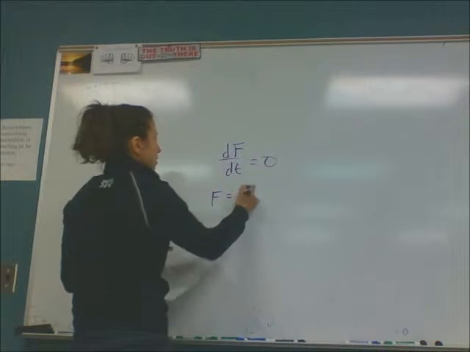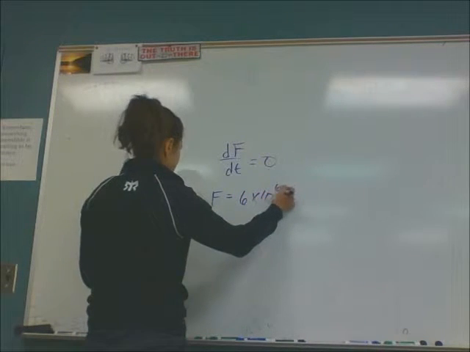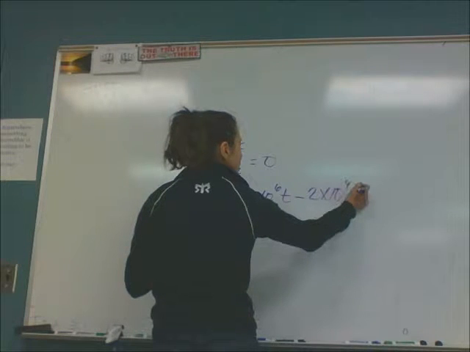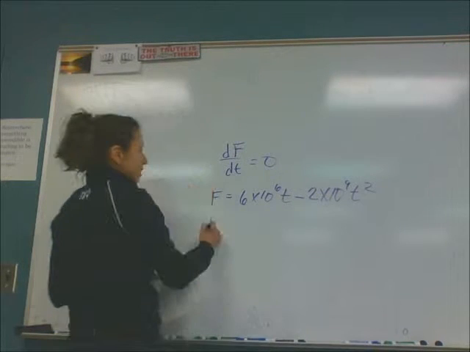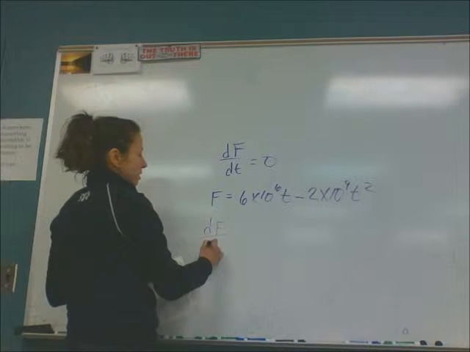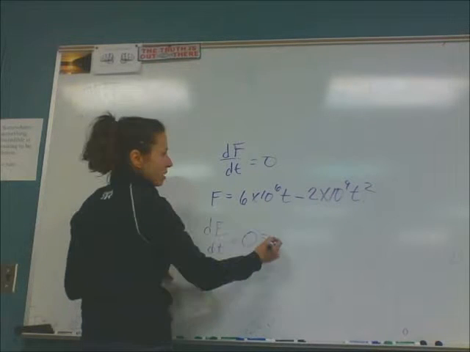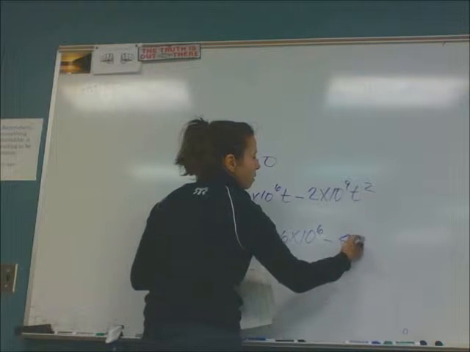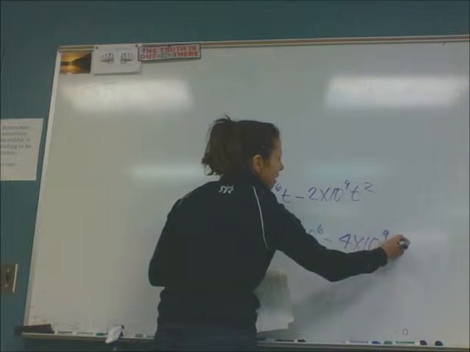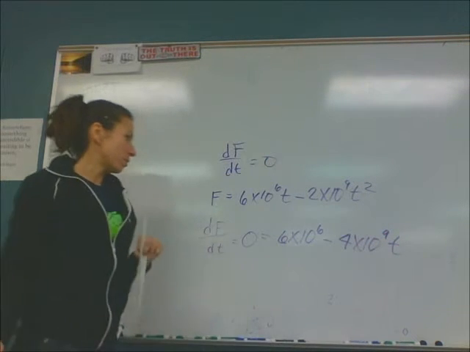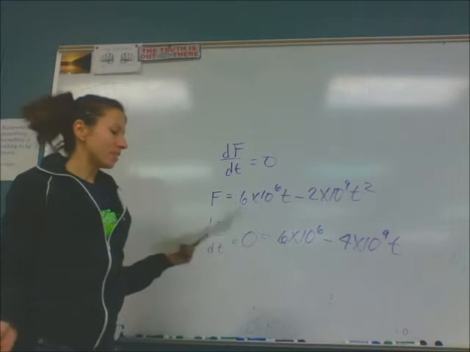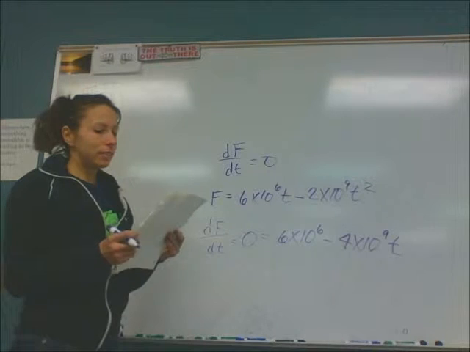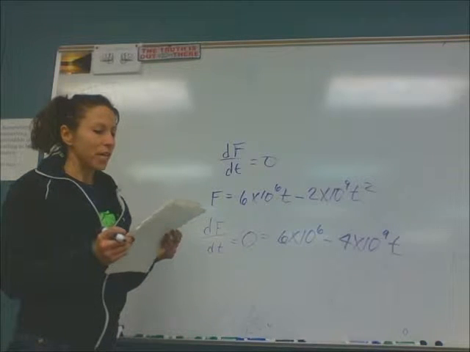And then I can solve for t. Interestingly, the t value is exactly halfway through: t is 1.5 times 10 to the negative 3. This is the time at which the force is at its maximum. So then you plug your t value back into your force function, and you get 4,500 newtons. So the maximum value of the force is 4,500, whereas the average value was 3,000.